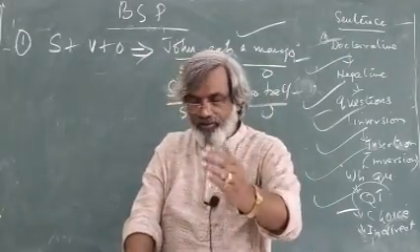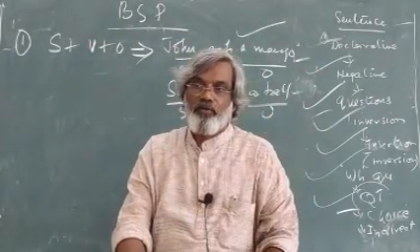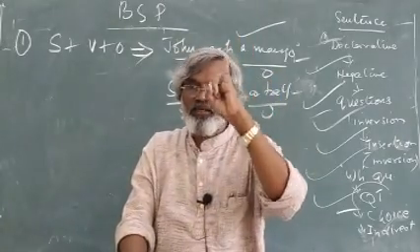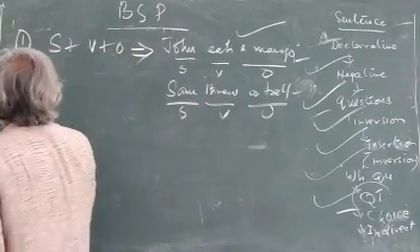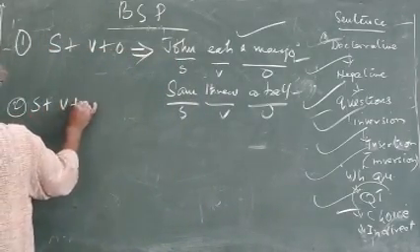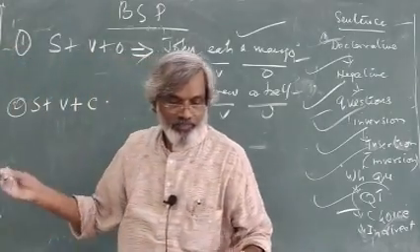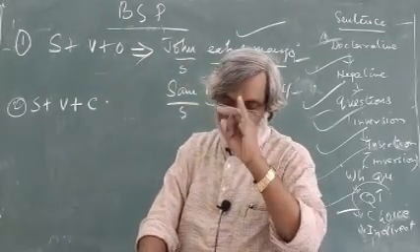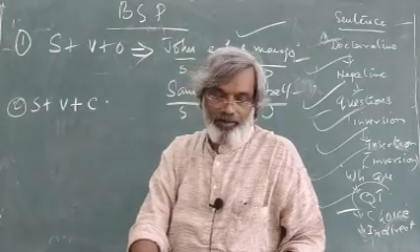Same pattern, different examples. Like that you have to frame examples. What is the basic structure? S, V, O pattern. The second one is S plus V plus C. This is the second pattern. Subject followed by verb followed by complement. What is a complement?